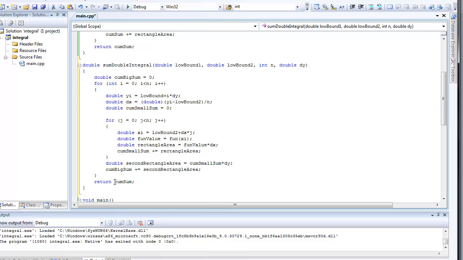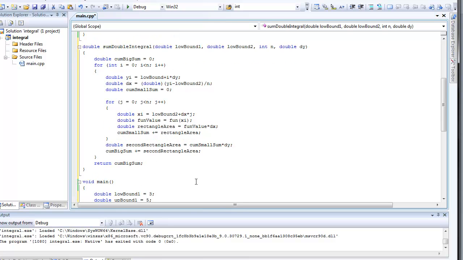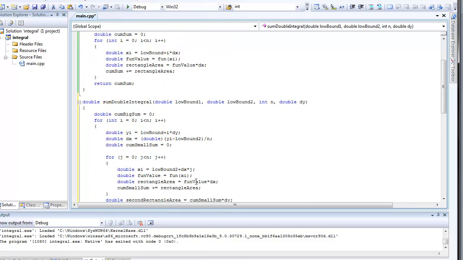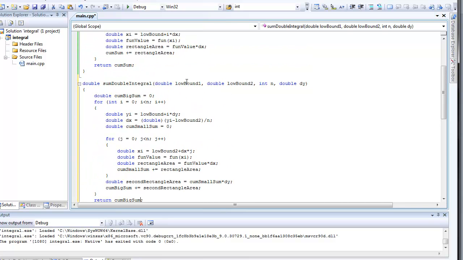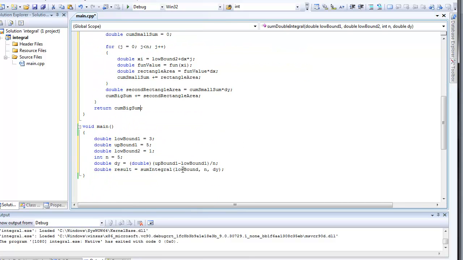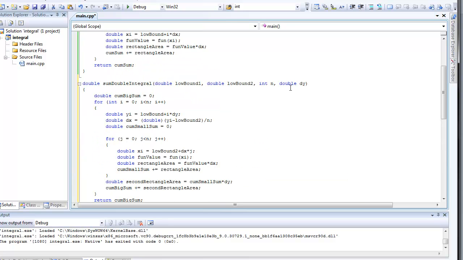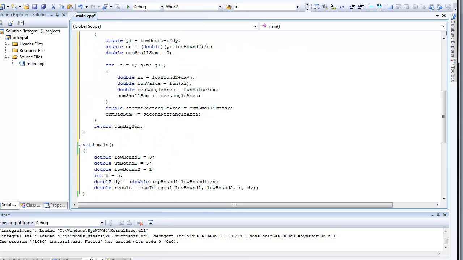Okay, and we are going to return cubic sum, and this should give us the correct number. I hope I haven't made any mistake. I just need to pass some more parameters here. Low bound 1, low bound 2, and dy. Yeah, that should be fine.